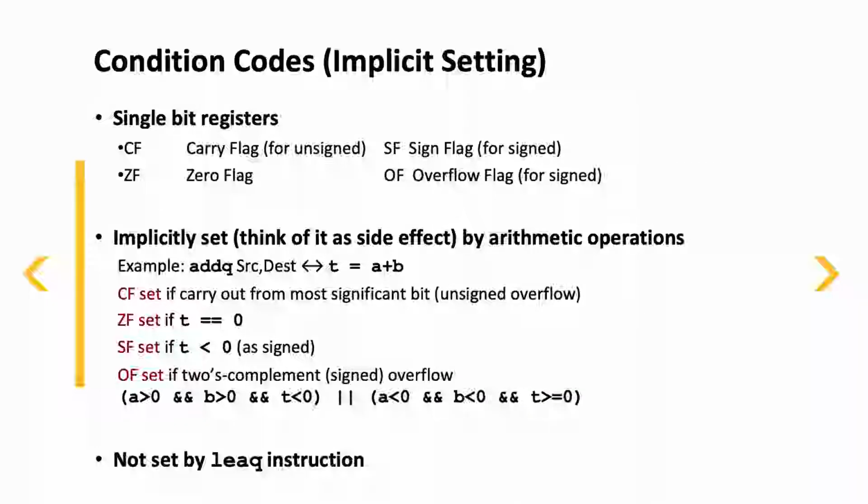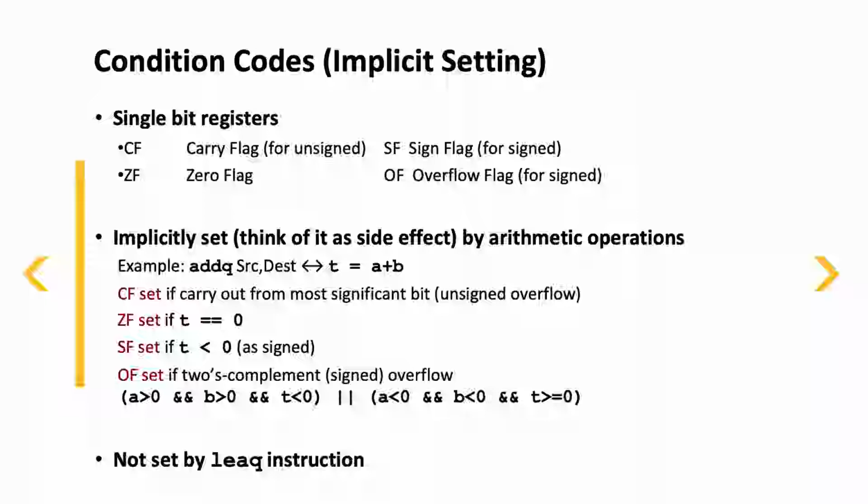Now, our condition codes can be set either implicitly or explicitly. So we can assume that they're going to get set by various operations, or we can actually go ahead and call commands that set them directly. These are single bit registers because they're flags, right? So we only need one bit, 1 for on, 0 for off.